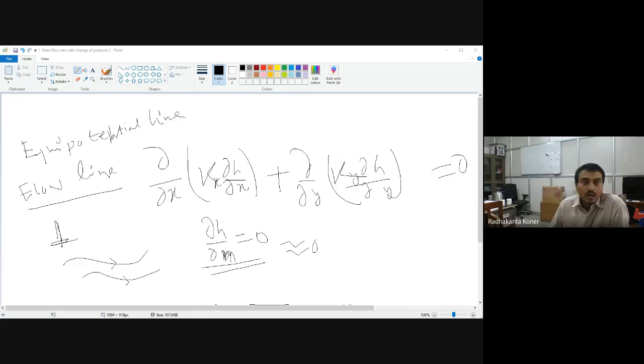Yes, we have already assumed that it is homogeneous and isotropic, that should be considered. So the flow is perpendicular to the equipotential line everywhere, and flow lines will never intersect each other.